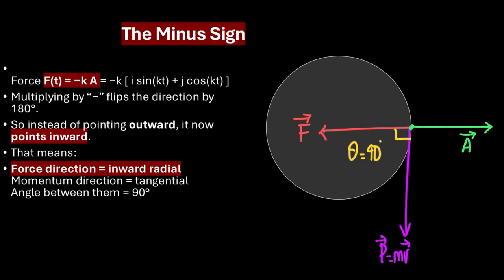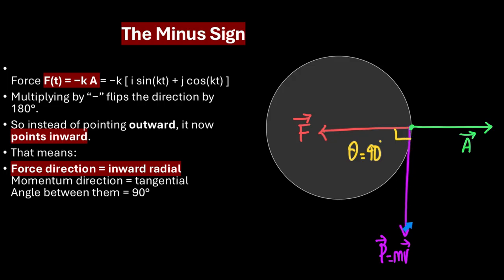If we ignore the minus sign, we get this vector, vector A, that is acting normal. But if we include the minus sign as well, what we get is a vector which is now pointing inwards instead of the vector pointing outwards, which is vector A.